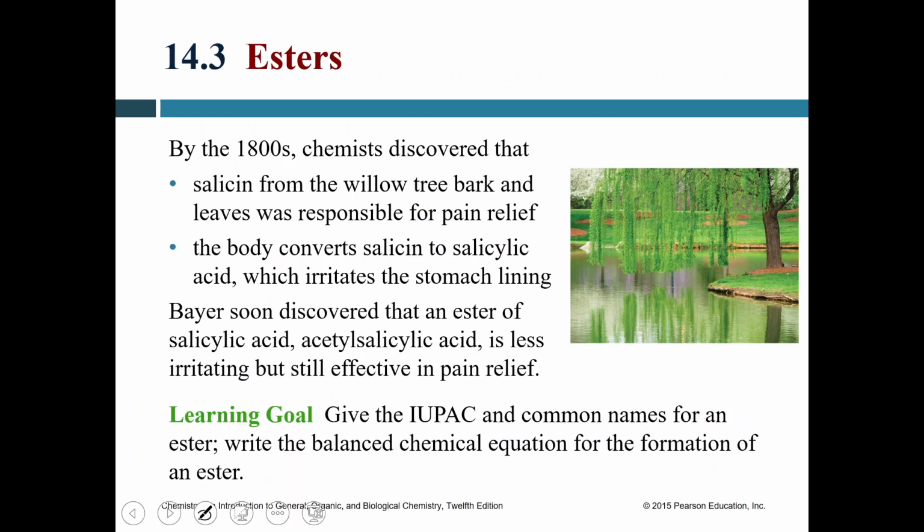So the next chapter will be about esters. In the 1800s, the discovery was made that a compound called salicin, isolated from the bark of the willow tree, can reduce pain. It turns out the human body metabolizes salicin into salicylic acid, and salicylic acid in turn is quite an irritant for the stomach epithelium.